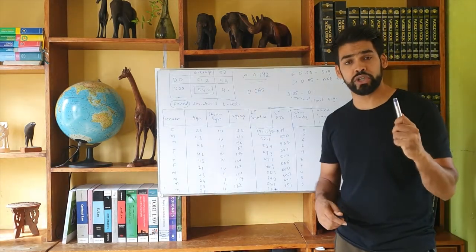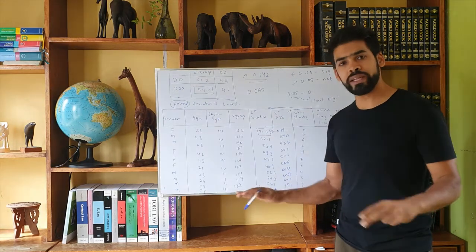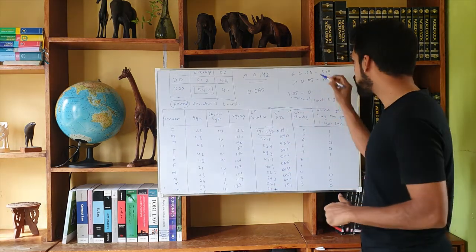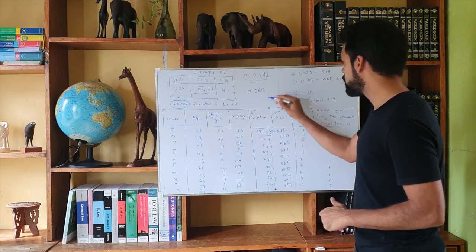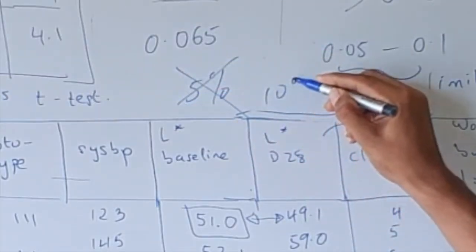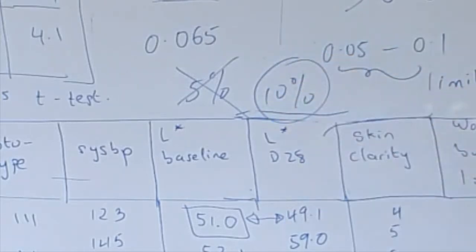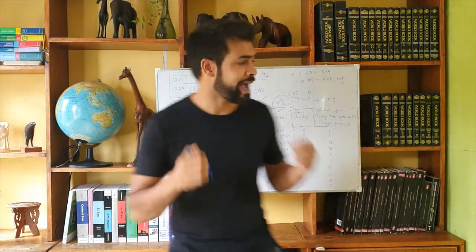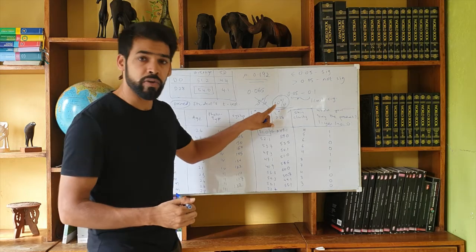Unless in the study protocol, it's already mentioned that instead of 5%, we are going to use a 10% significance level. Some studies accept this rate of error.